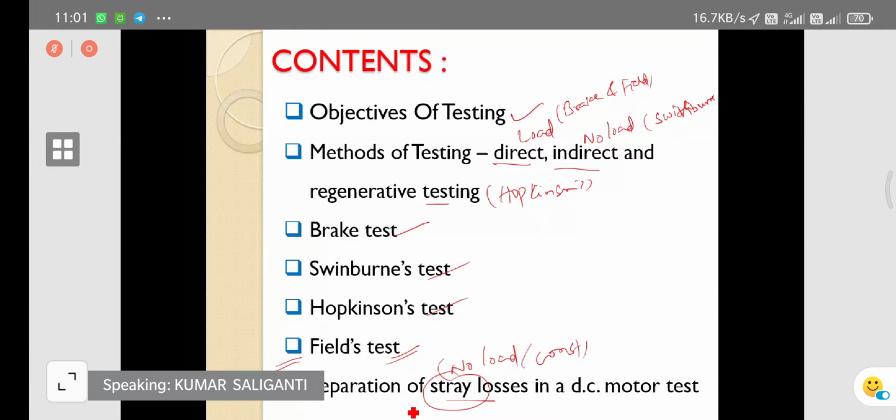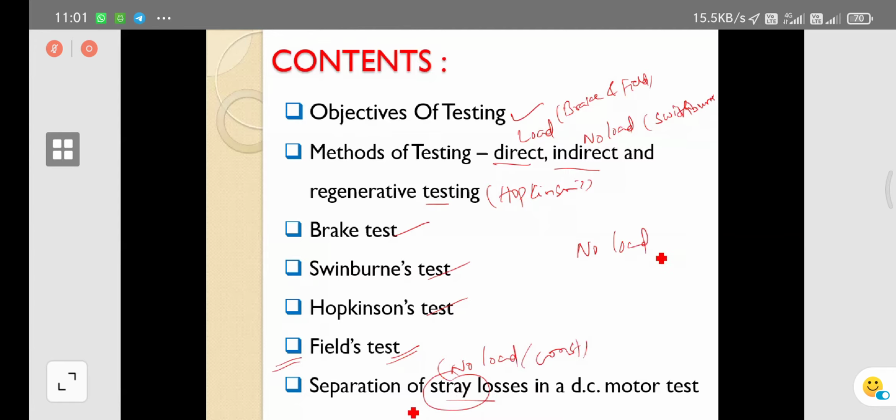No load losses are classified into two types: magnetic losses like iron losses, and mechanical losses. Iron losses are hysteresis losses and eddy current losses. Mechanical losses are friction losses and windage losses. So the last concept is like that.